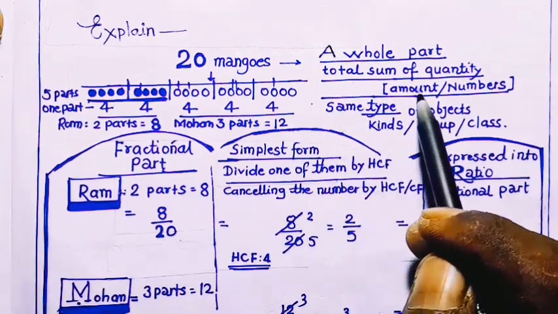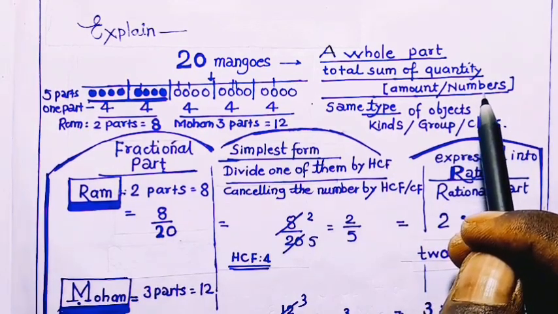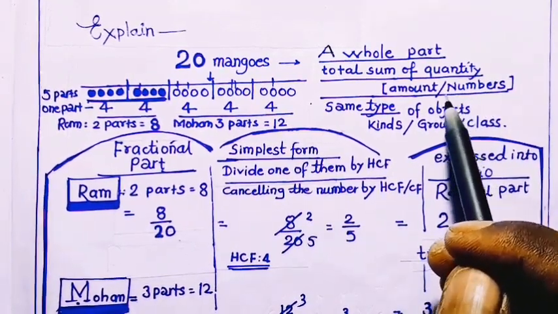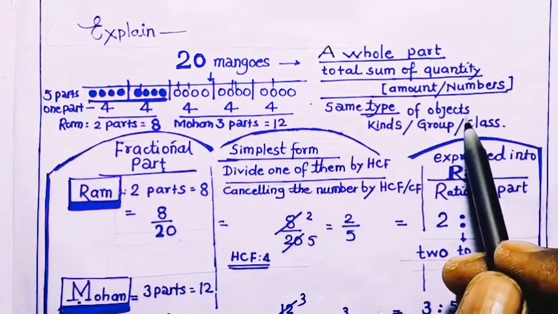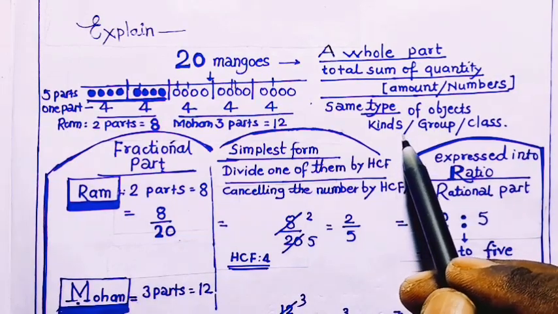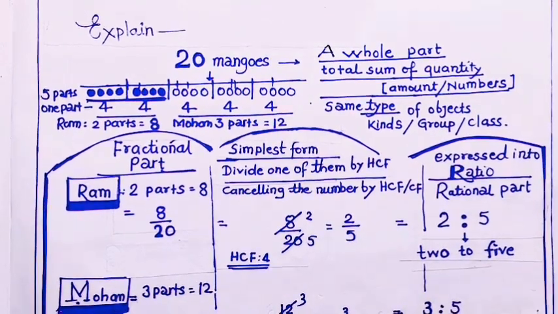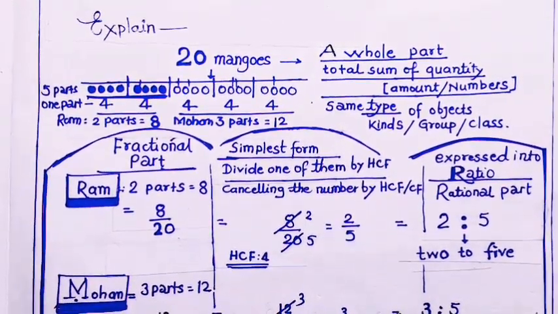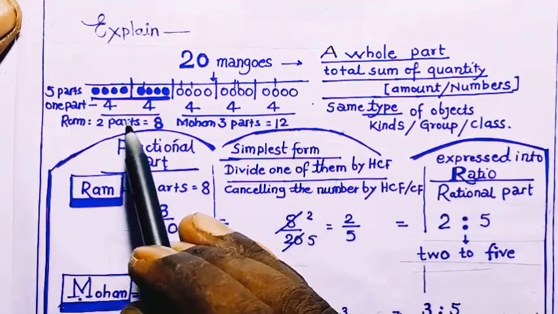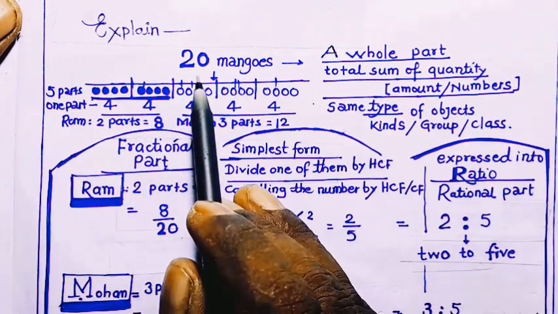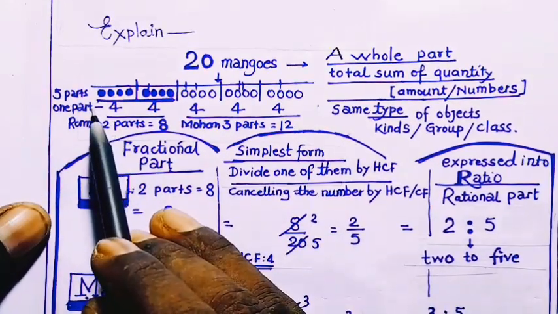It means the total sum of quantity, amount or numbers, and all the numbers are the same type of objects, same kinds of group and same classes. You can see here there are 20 mangoes.